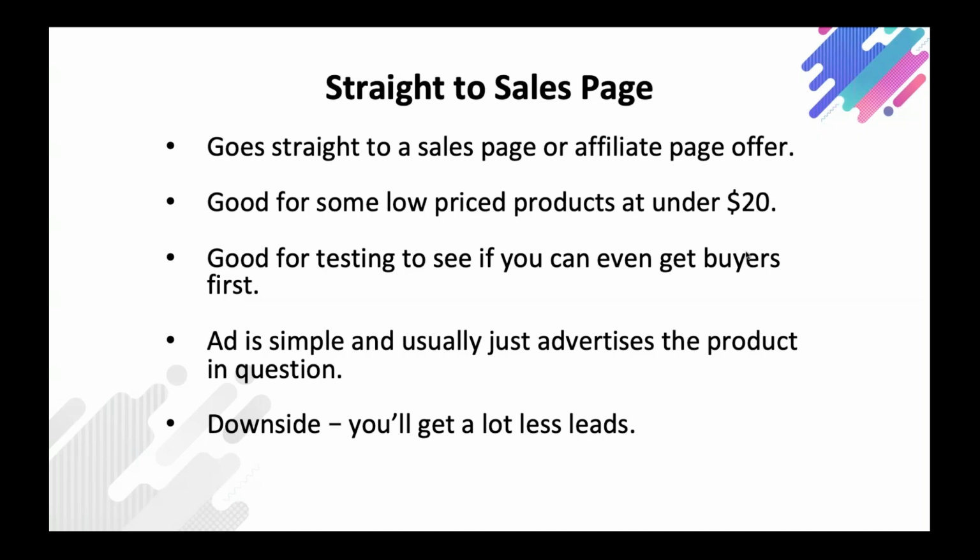Typically the ad is super simple and usually just advertises the product in question. So if you're selling a Siberian Husky mug, a coffee mug that has a picture of a dog on it, you would have basically an ad of the mug itself and say, hey, look at this cool Siberian Husky coffee mug, and you'd have it go straight to the page that's selling the mug.